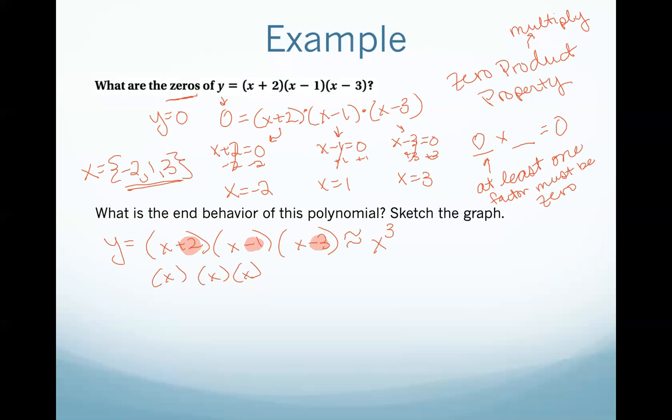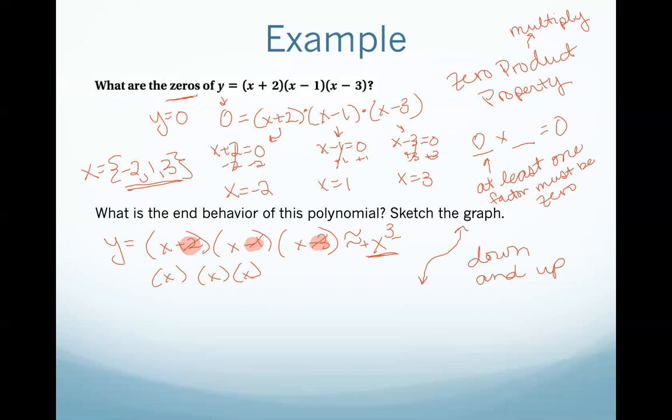And so to sketch a graph of this polynomial, we're going to approximate the polynomial to find the leading term, which means we're just ignoring these numbers for just this part of the sketch. And x cubed is positive and odd. So I know positive and odd should have a down and up end behavior.